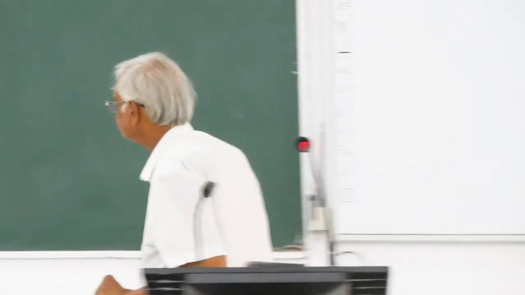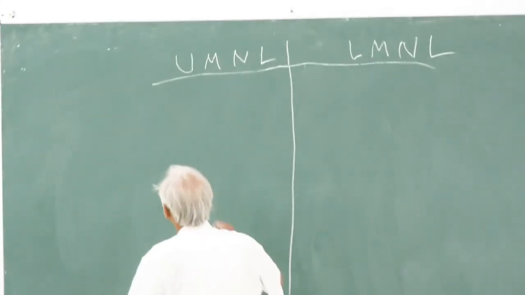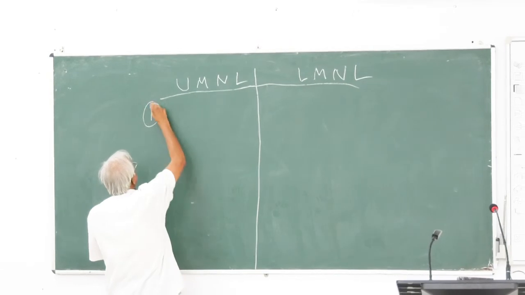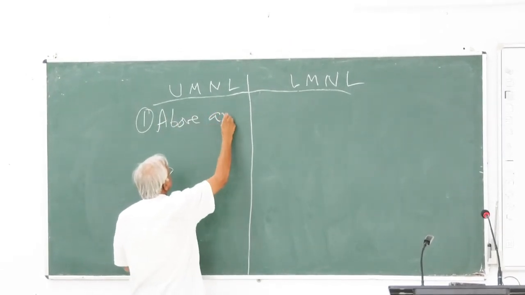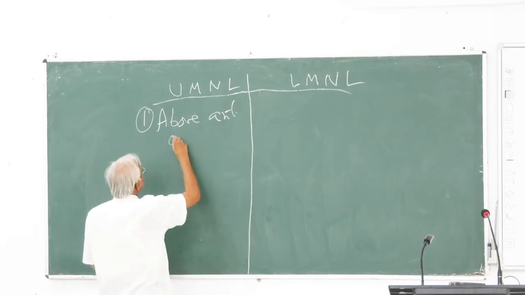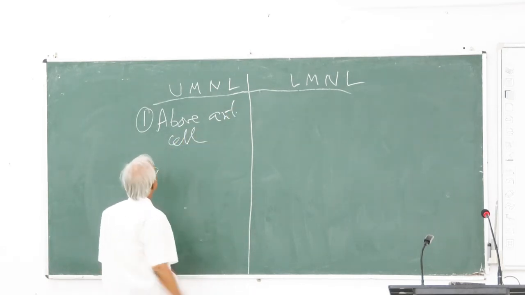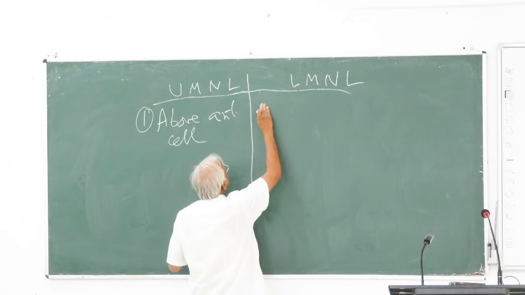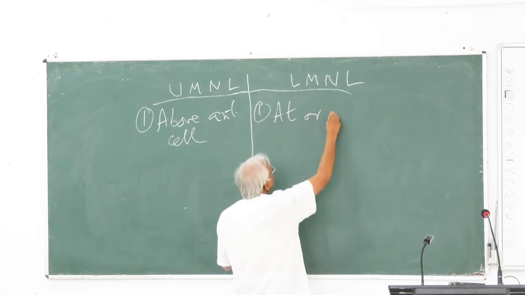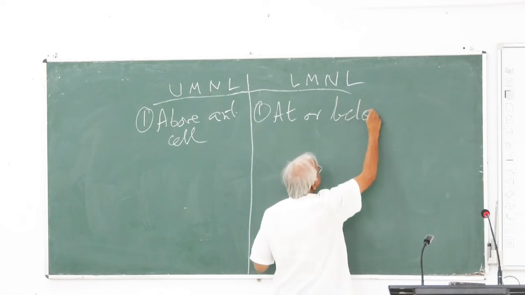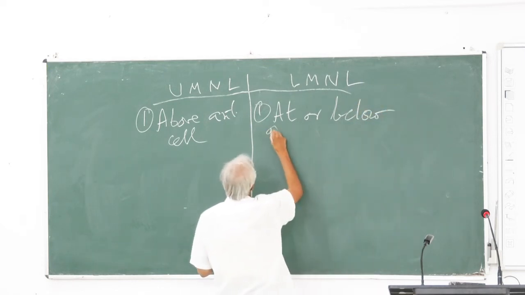So, number one is the site of lesion. In upper motor neuron, the lesion is above the anterior horn cell. In lower motor neuron, the lesion is at or below the anterior horn cell.